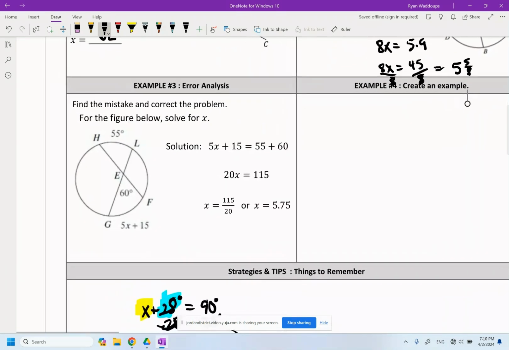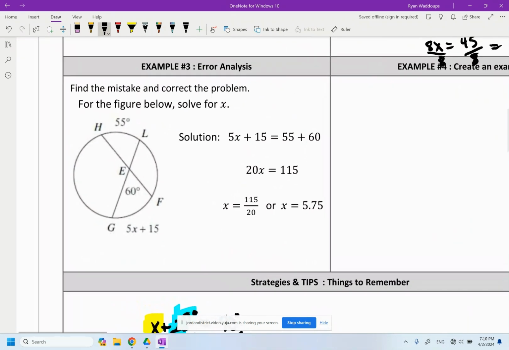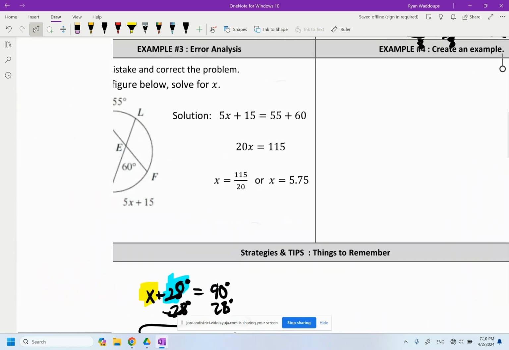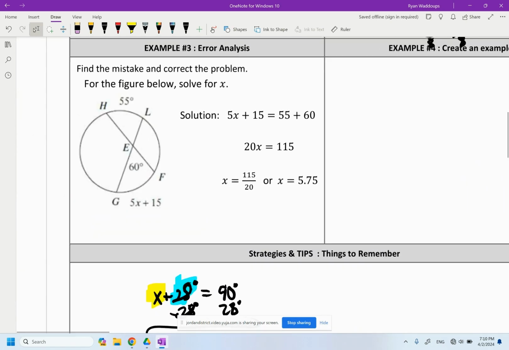All right. On this error analysis problem, let's see what they've done here. They've said that this angle is 60 degrees. In this problem, I know this arc measure and this arc measure, and if I add those two and divide by 2, I should get 60.